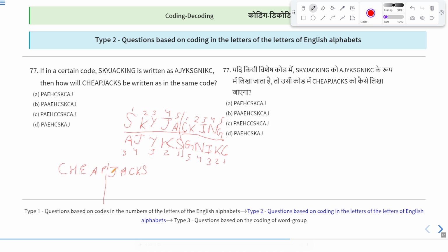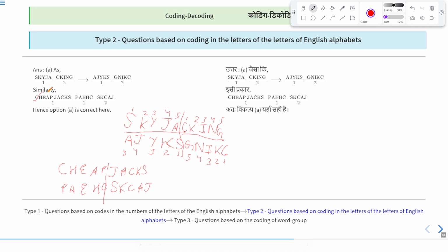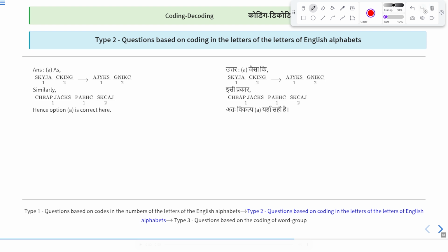Divide. Let's take the word cheap tax, divide it in half, then reverse the letter as I used on above. PAEHC SKCAJ. There we go, that's our answer.